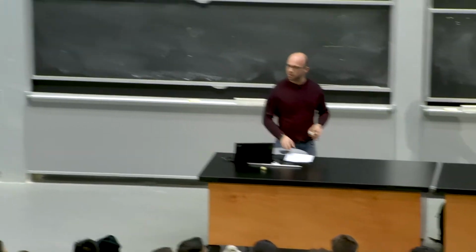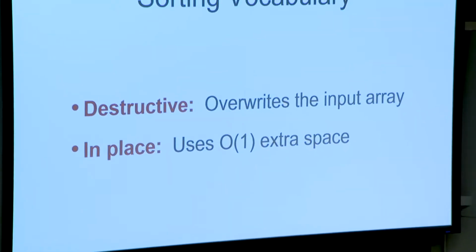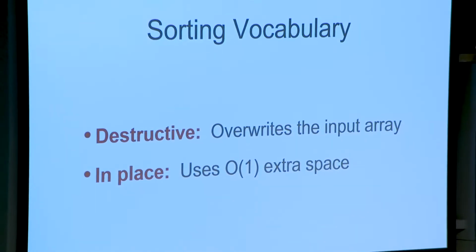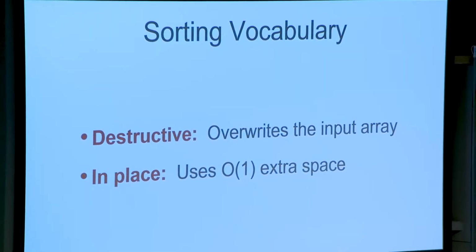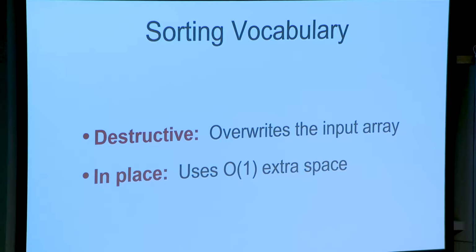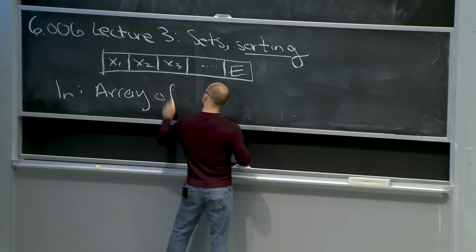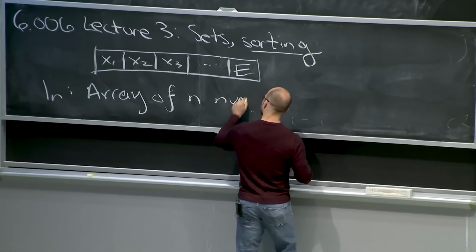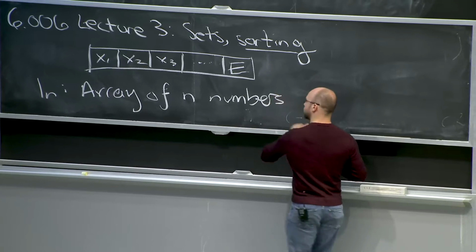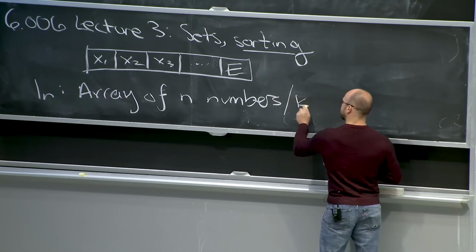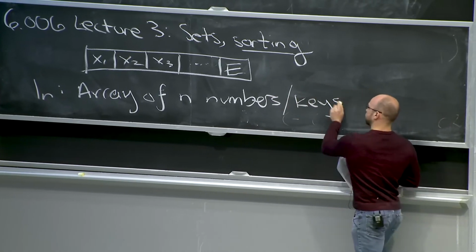And indeed, there are a couple of vocabulary words that are worth noting. So remember that your sorting algorithm is pretty straightforward in terms of how you specify it, right? So in sorting, your input is an array of n numbers. I suppose really we should think of them as keys. It's not going to matter a whole lot. Right?